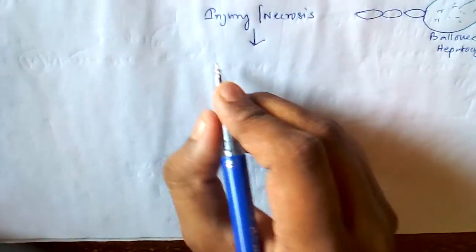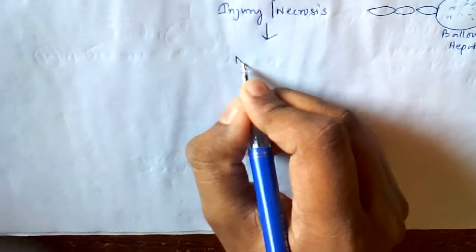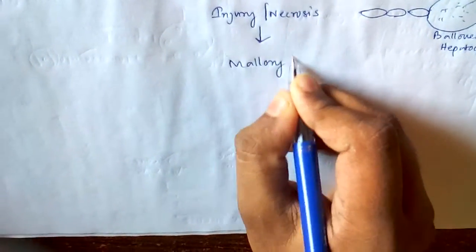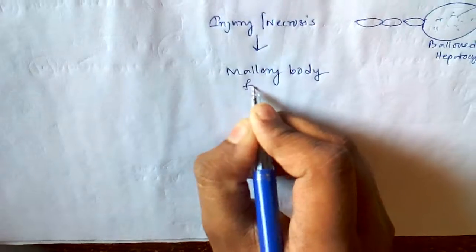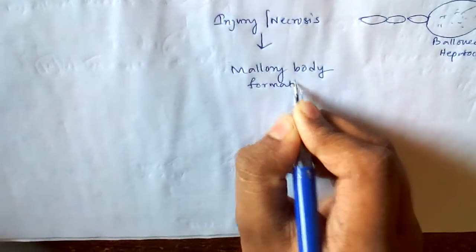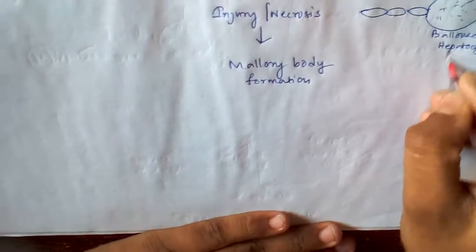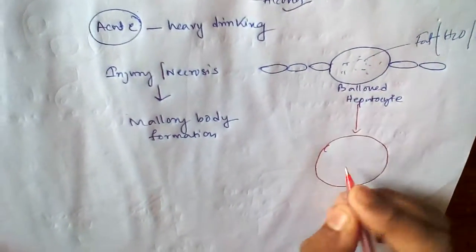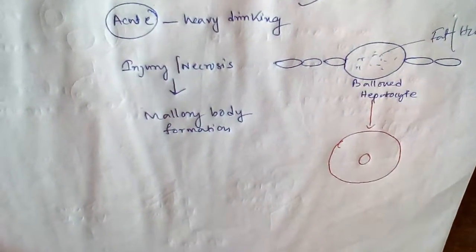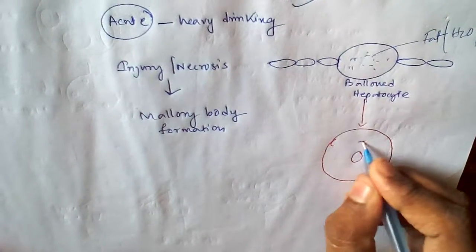Okay. Now a special thing which happens here is the Mallory body formation. Now what are these Mallory bodies? The very important one. These are eosinophilic intracytoplasmic inclusions.